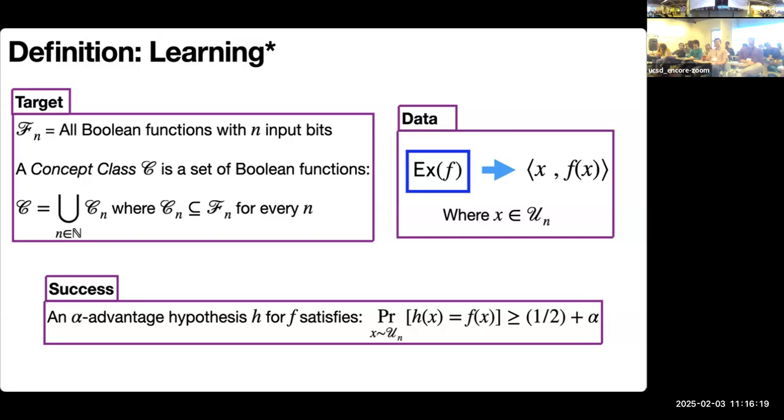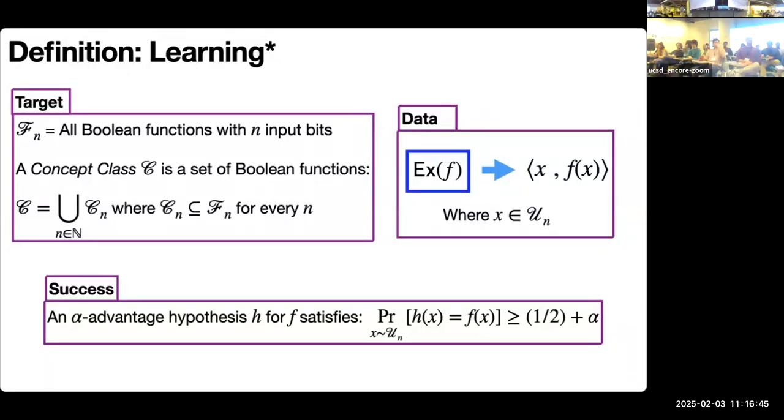We're just going to say that an alpha advantage hypothesis H for F satisfies that when you draw a fresh random example, from the same distribution over examples that we're getting over here, the probability that the hypothesis agrees with the target concept is alpha better than a coin toss, just a half plus alpha.